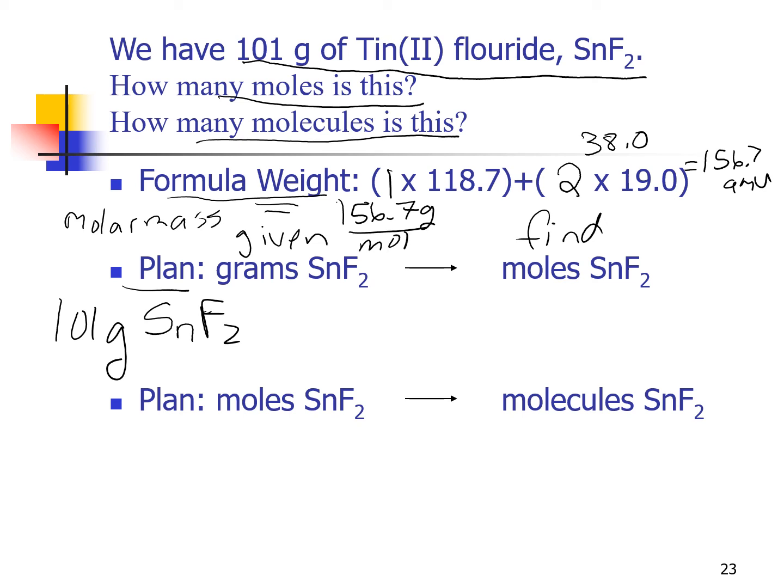So now we can use our molar mass to convert our grams to moles. Again, we're going to set up our conversion factor so our units will cancel. In this case, we want the grams of tin fluoride on the bottom of our fraction, per 1 mole of tin fluoride at the top.